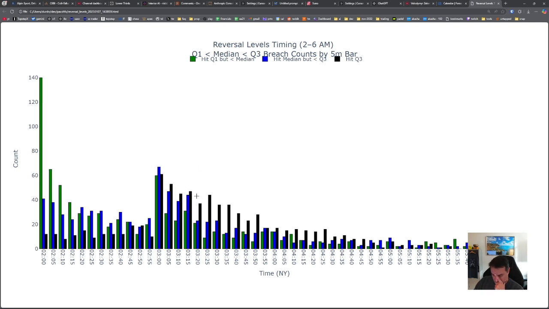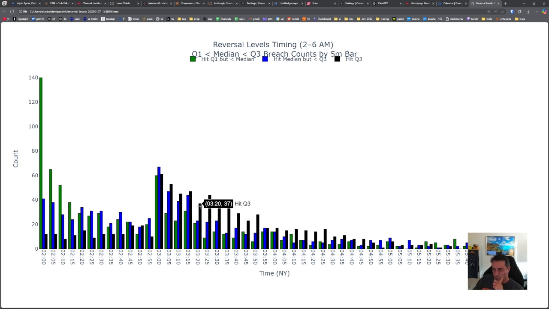And then slowly, if you have a reversal at 325, which happens but less than at 3, then the probabilities that we hit Q3 are much higher than Q1. Wow, that's very interesting.